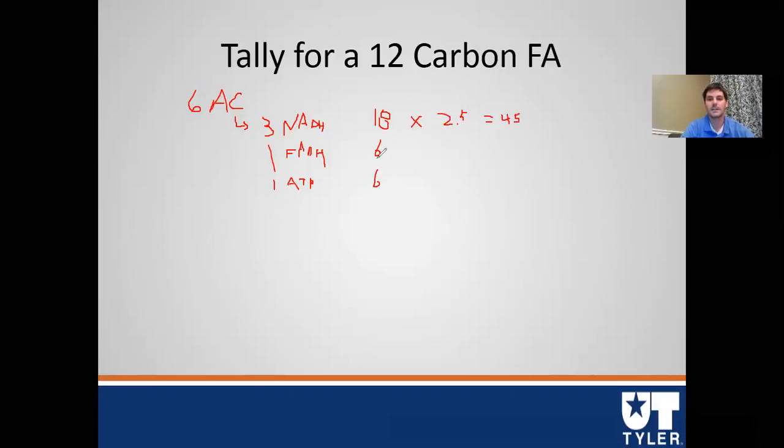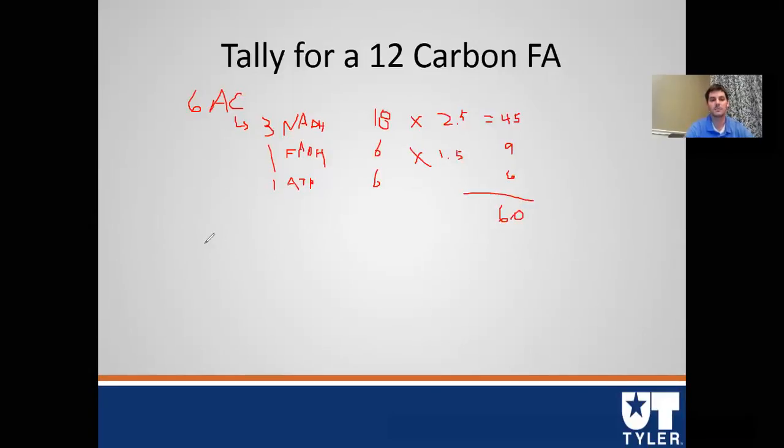For our FADH2, we skip complex 1, we pump out 6 protons, and that gives us 1.5. So 6 times 1.5 gives us 9. And then ATP is ATP, so that gives us 6. So just from our acetyl-CoA molecules, we can say we got 60 ATP.